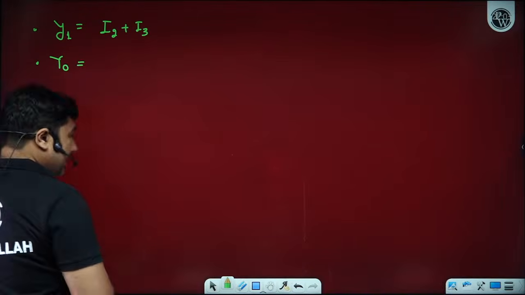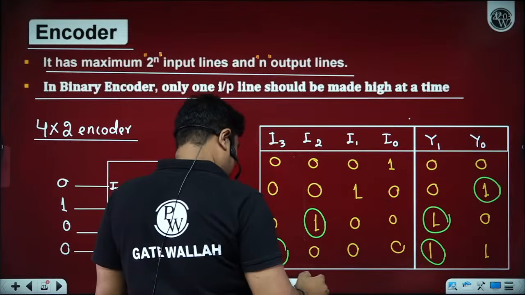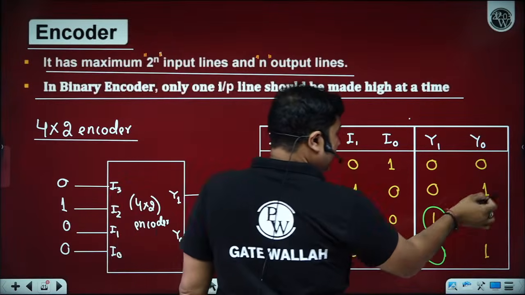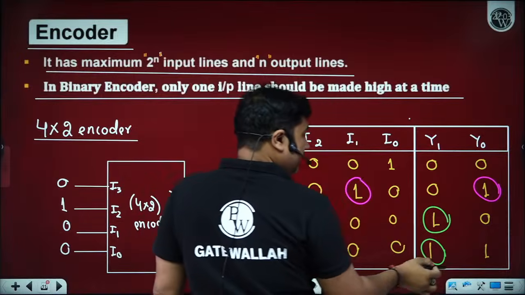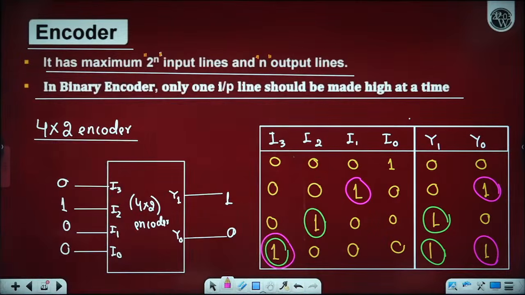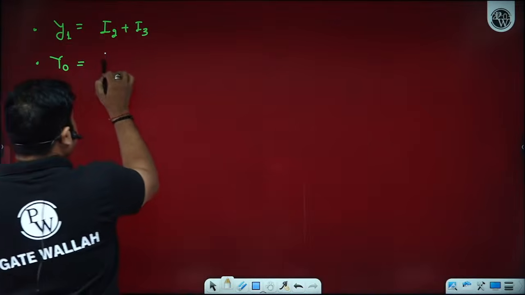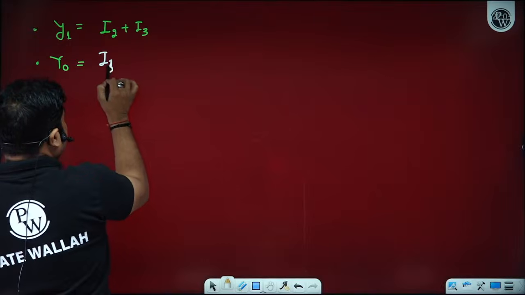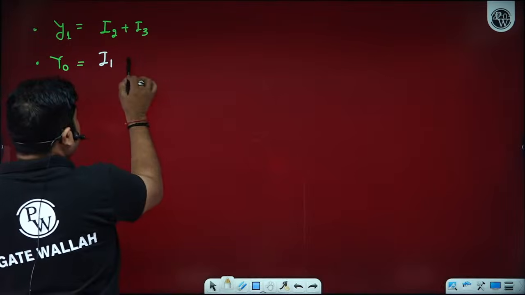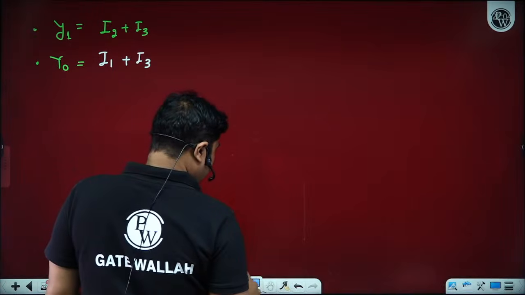We are getting Y0 high when I1 is high or I3 is high. So if any one of the pins I1 or I3 is high, then Y0 will become high.